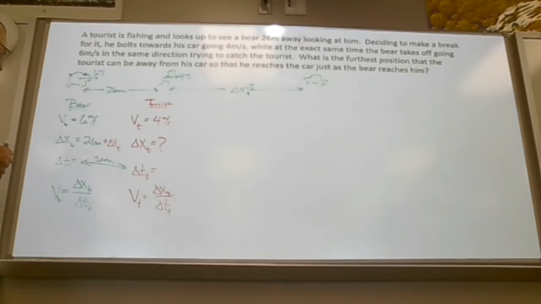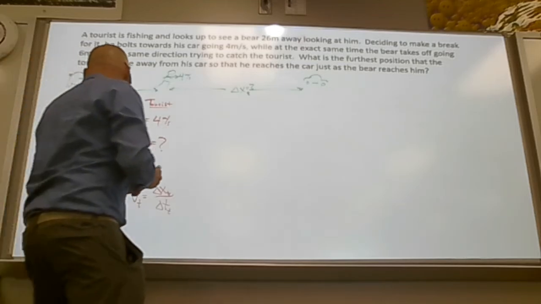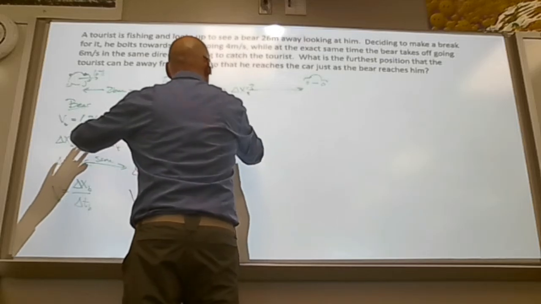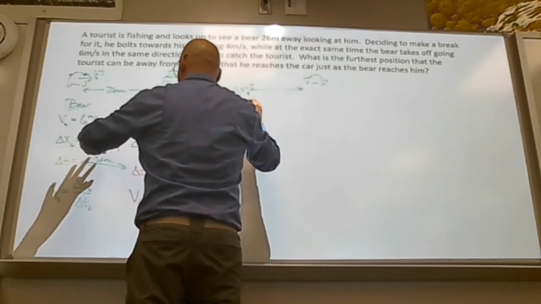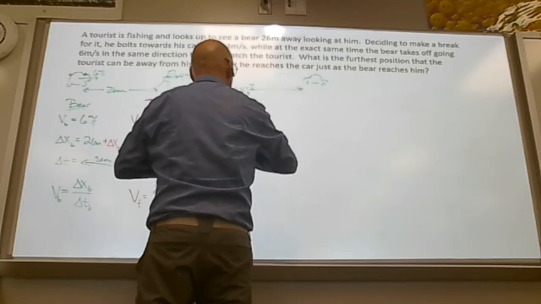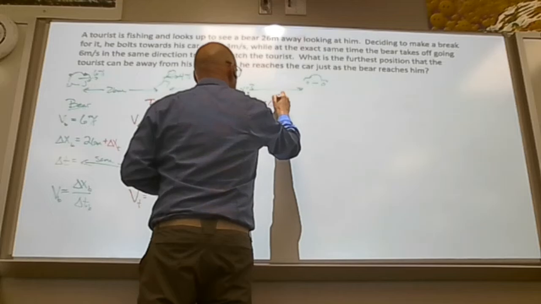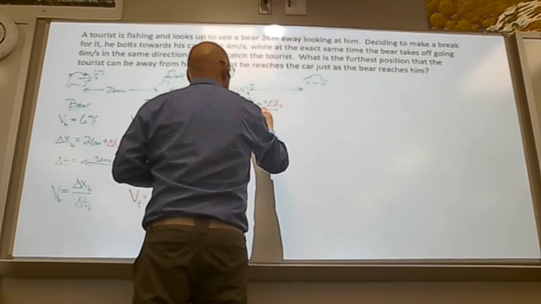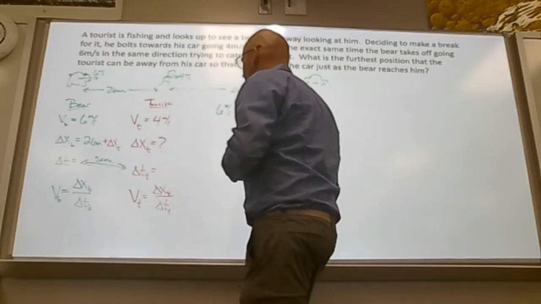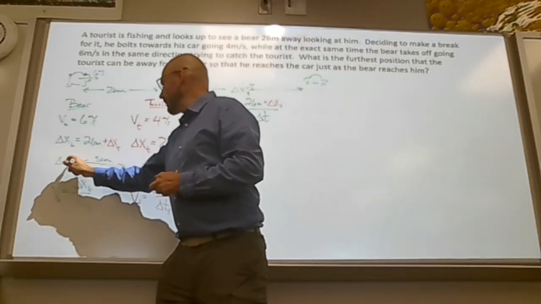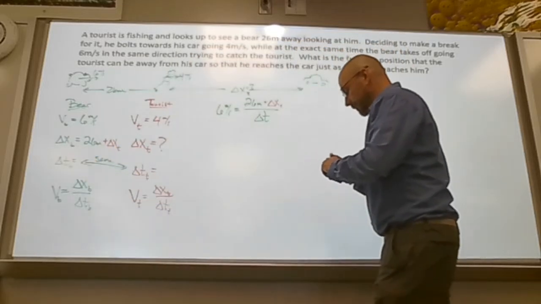So, here we go. I've got the bear, 6 meters per second is equal to displacement, 26 meters plus the displacement of the tourist, over some amount of time, which I don't need to distinguish between the bear and the tourist because they're the same.